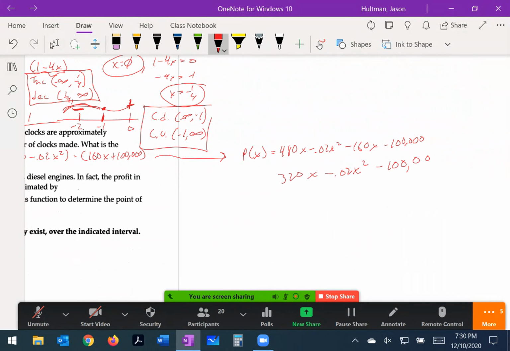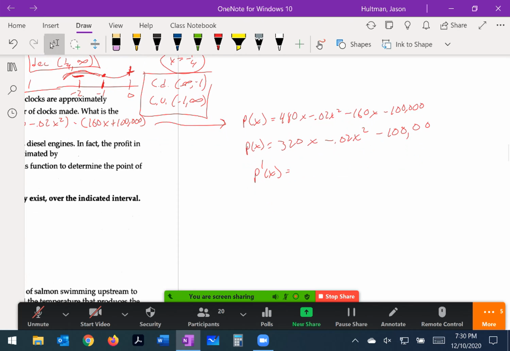Now I want to see, is there a critical value? Again, this is just P of X. So now P prime of X, is there a critical value here? So this is 320 minus 0.04x and set that equal to 0. Subtract 320.